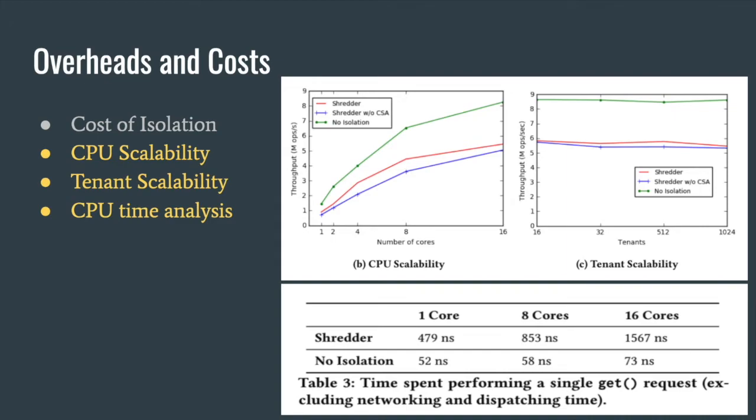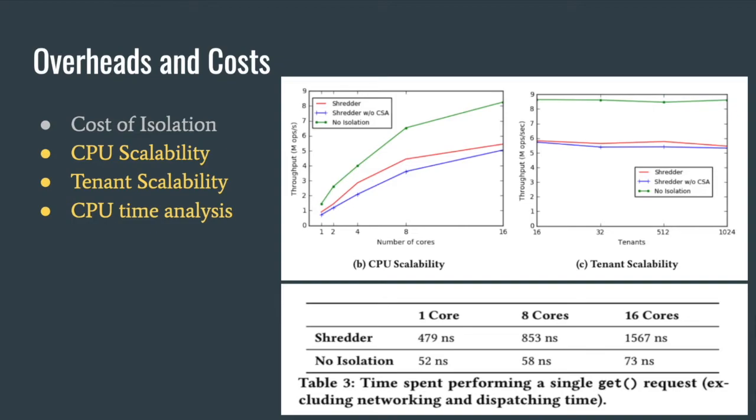The result is shown in graph B. The CPU time increase for no isolation is much less compared to Shredder when scaling from 1 core to 8 cores, and from 8 cores to 16 cores. This confirms that the poor scalability of V8 is the root cause of Shredder's low scalability. It is likely that V8's poor scalability can be improved.